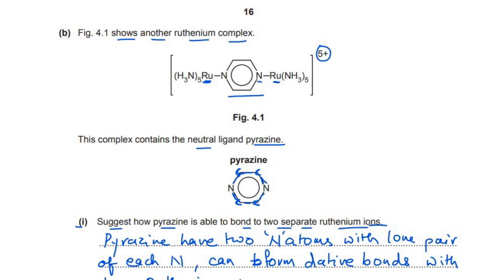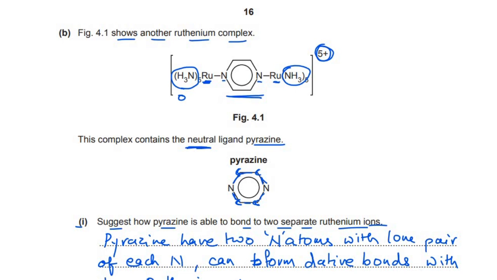Here we can see that there are 5 ammonia ligands bonded on both sides. Now ammonia ligands have a neutral charge, so 0 charge. And the pyrazine also is written as a neutral ligand, so even pyrazine doesn't have any charge. So whatever charge of 5+ is given, that's only because of the ruthenium.